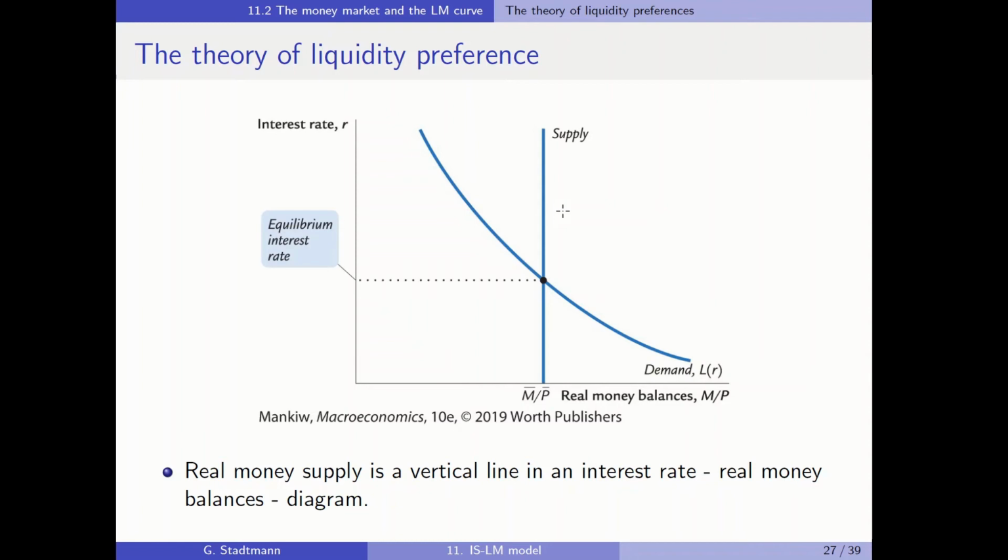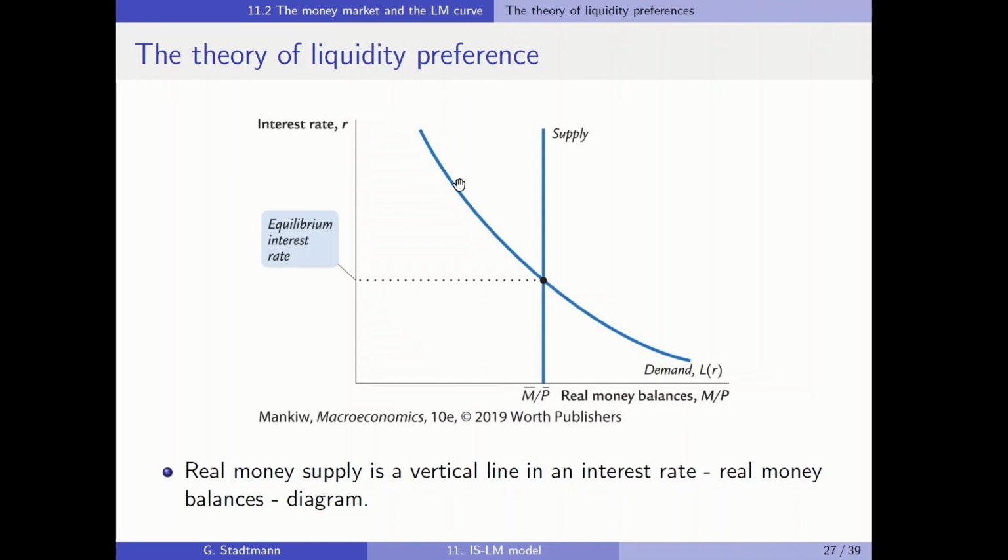In our LOLEC and BOLEC example, we would have a 2 here because the real money supply is equal to 2, and hence this line will start at the level of 2 and does not depend on the interest rate. The real money supply curve is a vertical line.